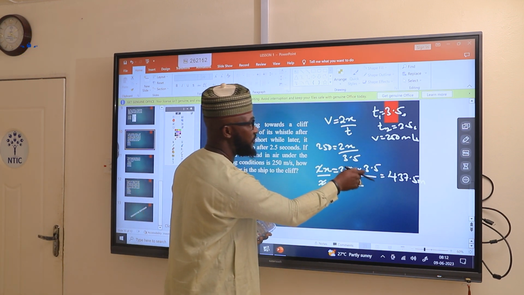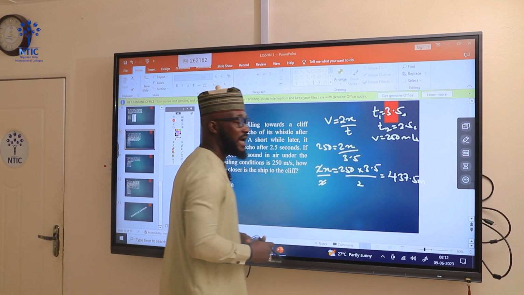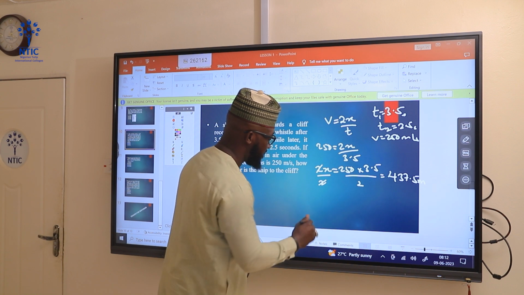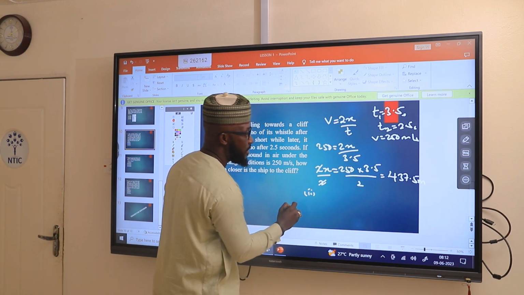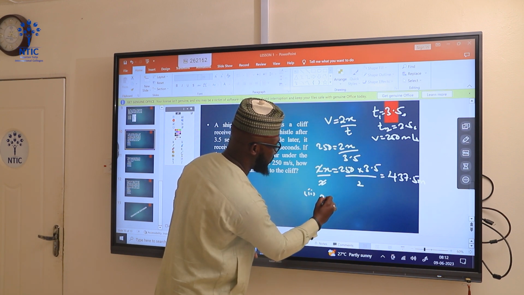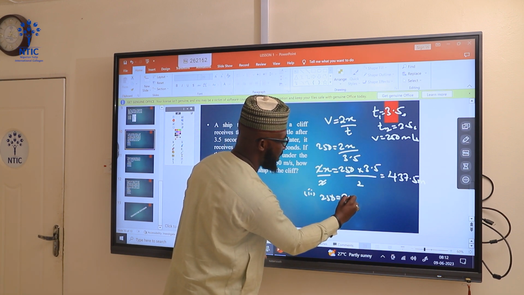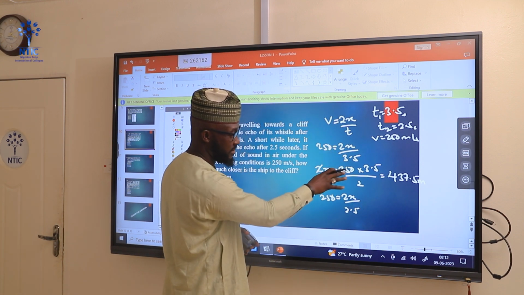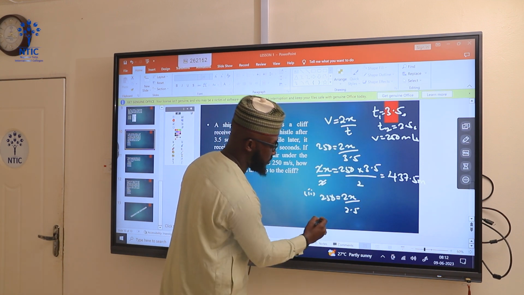We are going to use the same formula. This time around, we are going to use time as 2.5, not 3.5 anymore. So let's look at it. Second case, we have the same formula now: 250 equals 2x over time, which is 2.5. So I won't go through the entire process. I just cross multiply and do the needful here.